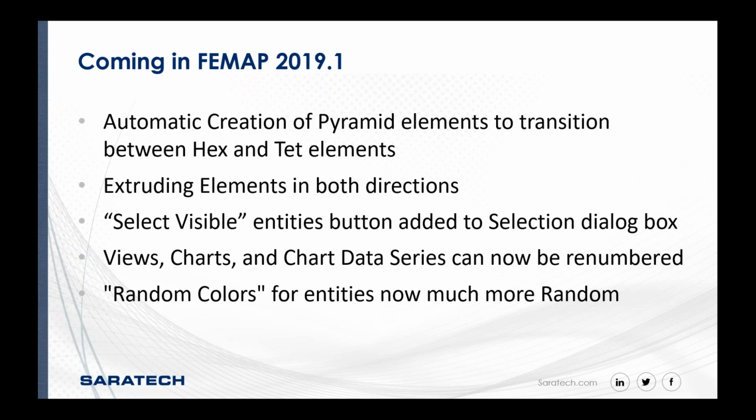Now you should just be able to press this one button to get all the visible entities, which is certainly a commonly used option in selection. Views, charts, and data series can now all be renumbered. And one other little thing: random colors for entities are now much more random. They used to repeat a lot more often. Now they're quite a bit more random and take advantage of our expanded palette.